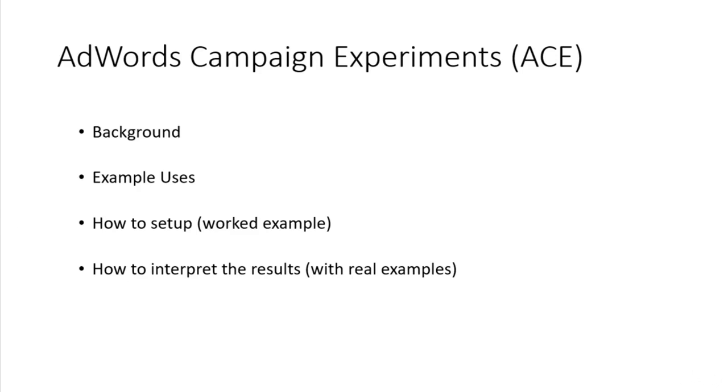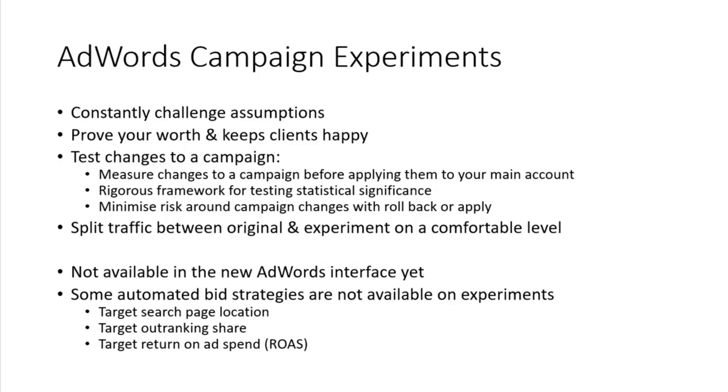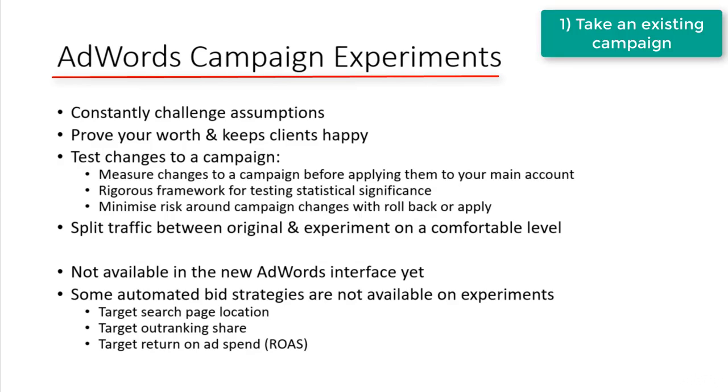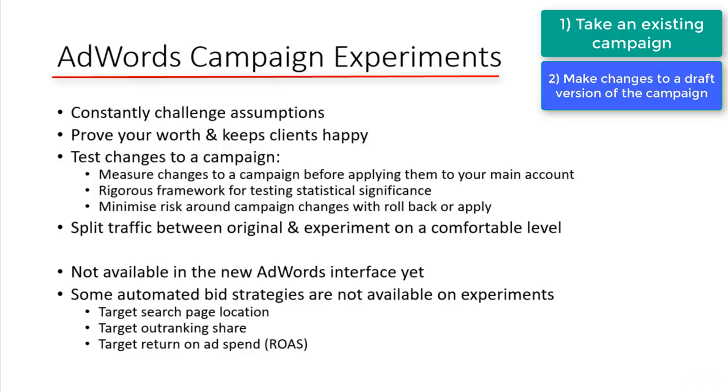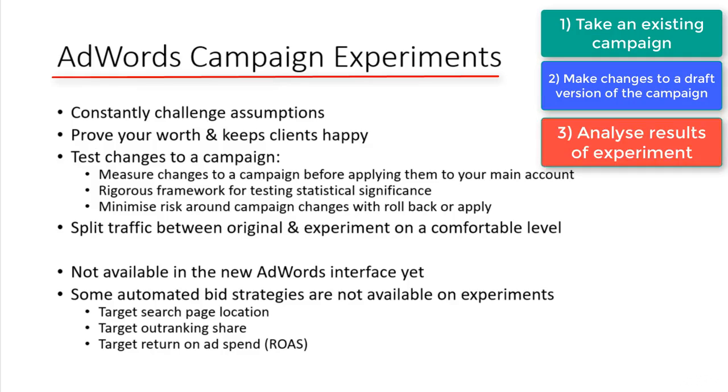Okay, so AdWords campaign experiments. So what are they? Basically, they're a way of taking an existing running campaign, making changes to it, and then looking at the results of those changes to the campaign versus the original campaign. So basically A/B testing your experimental version versus your original version.